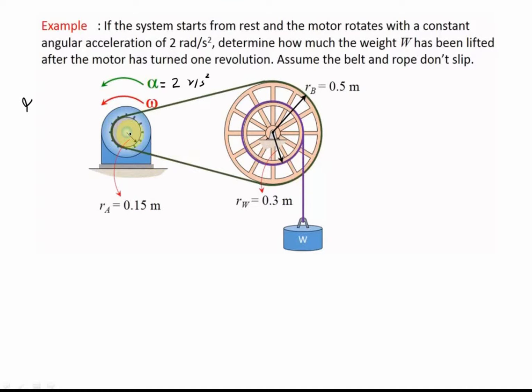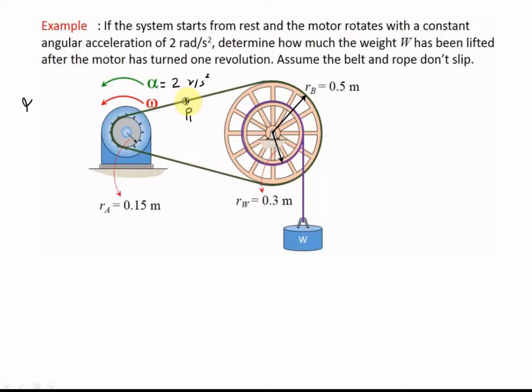Let's look at this one. Right now the motor and the pulley are connected through this kind of strap. If you think about any point on the strap, let's say this is P1, then this P1 just rotates, right?